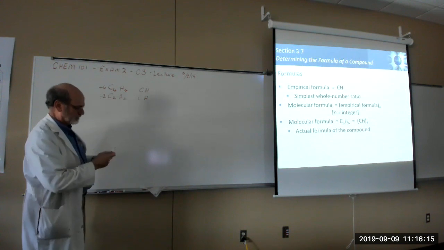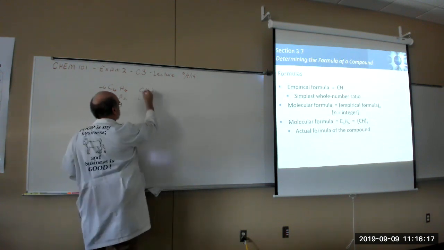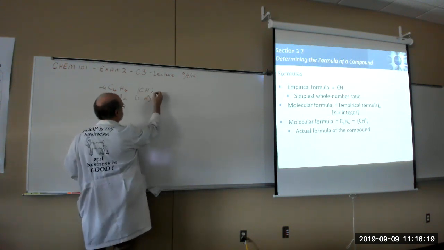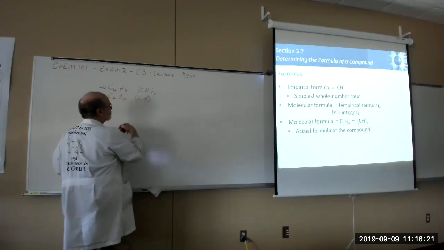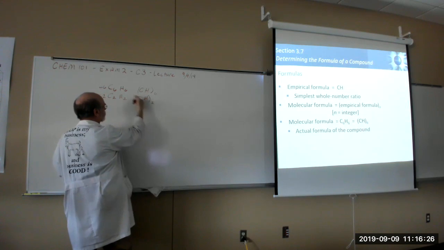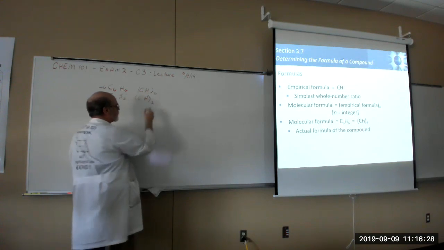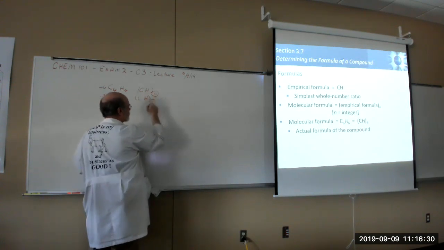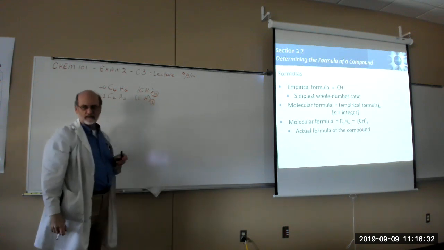But notice, if we multiply this one through, we get that. If we multiply this one through, we get that. So this number is the one we're looking for.